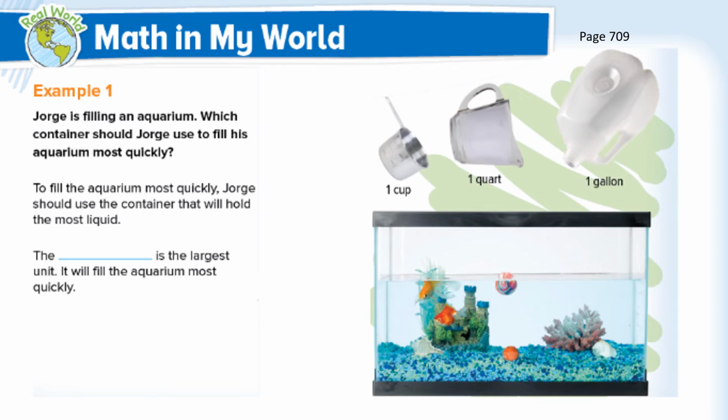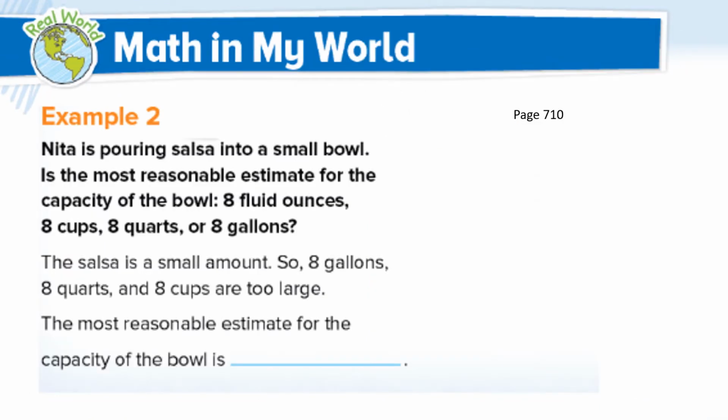Jorge is filling an aquarium. Which container should Jorge use to fill his aquarium most quickly? To fill the aquarium most quickly, Jorge should use the container that will hold the most liquid. So obviously the one that holds the most is the gallon. Nita is pouring salsa into a small bowl.